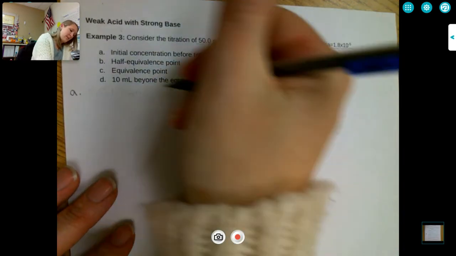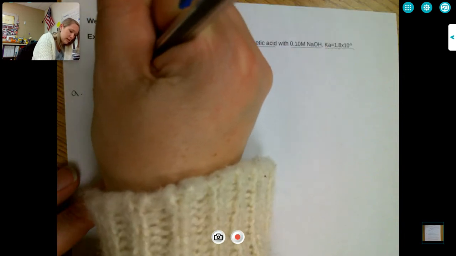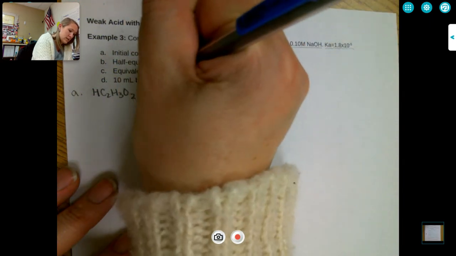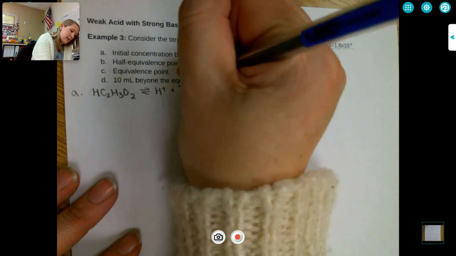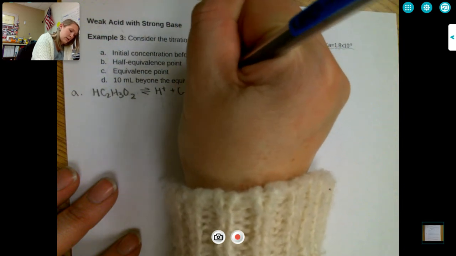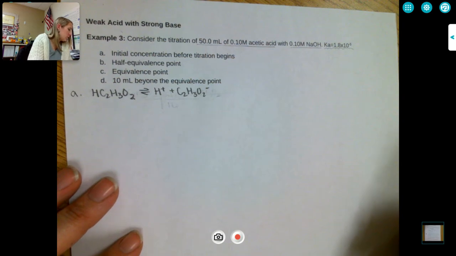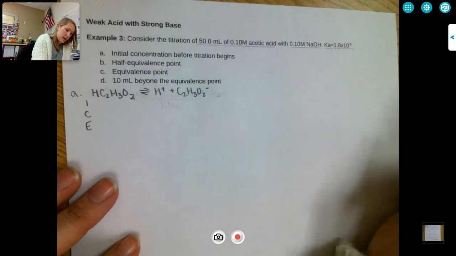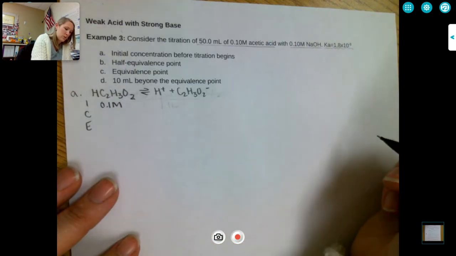So if I have only acetic acid, HC2H3O2 hanging out in solution, it's going to make an equilibrium with its hydrogen ions and C2H3O2 minus, its acetate ions. So we are starting with a 0.1 molar solution of that.